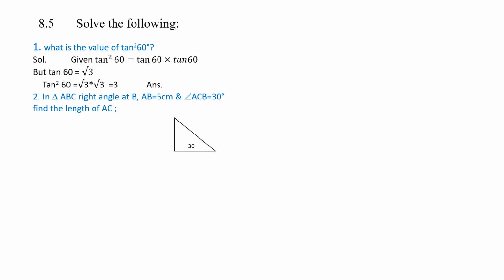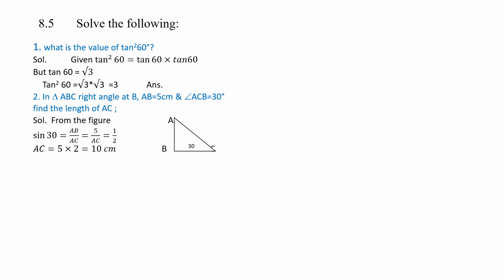Problem number 2. In triangle ABC, right angled at B, AB is equal to 5 centimeters and angle ACB is equal to 30 degrees. Find the length of AC. Here the angle is given and one length is given, and we have to find the length of AC.